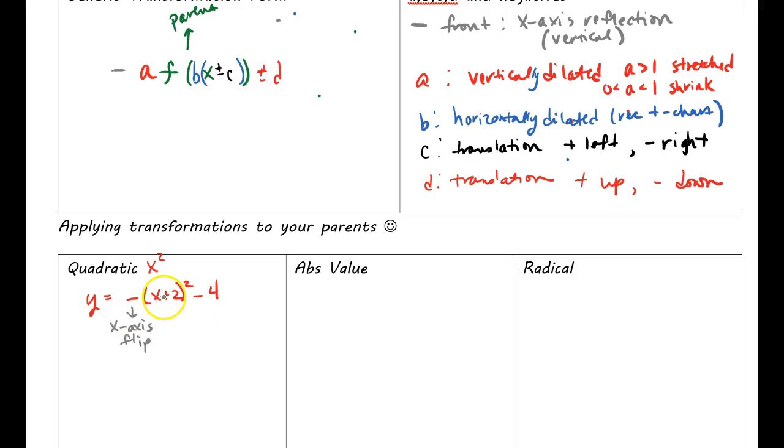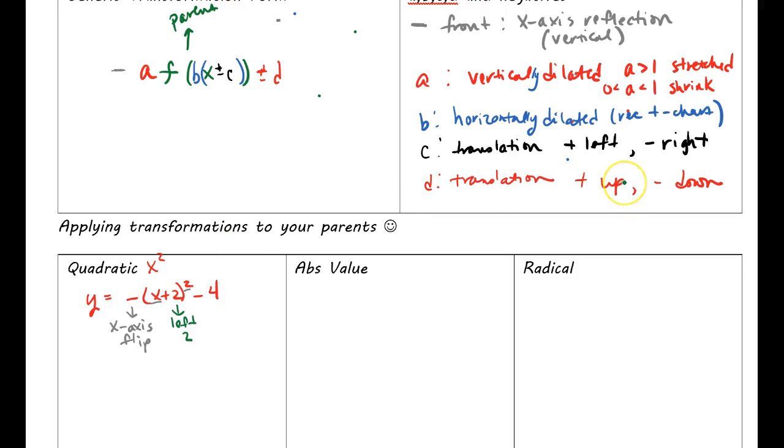The other thing that's been happening to the x squared is there's this plus 2 in parentheses. A plus something in parentheses is like the C that I wrote here, which means it's going to go left or right. Now it's a plus 2, so that means it's going to go left 2. And then we have this minus 4 on the outside of the parenthesis, which is like the D from above.